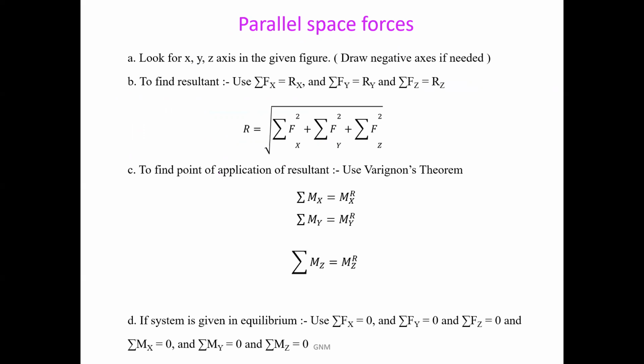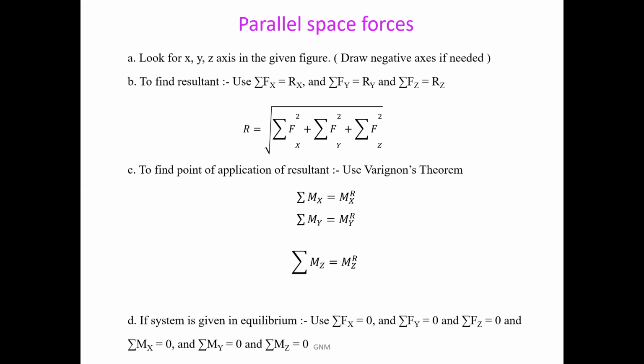To solve problems of parallel space forces, the very first step is to look for XYZ axis in the given figure. If needed, we can draw negative axis. To find the resultant of parallel space forces, we can use the formula R equals under root summation Fx square plus summation Fy square plus summation Fz square.